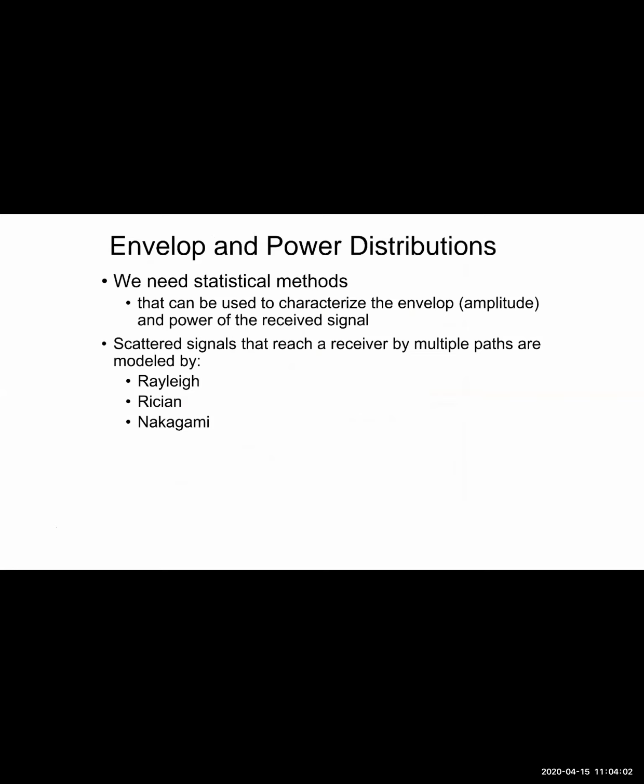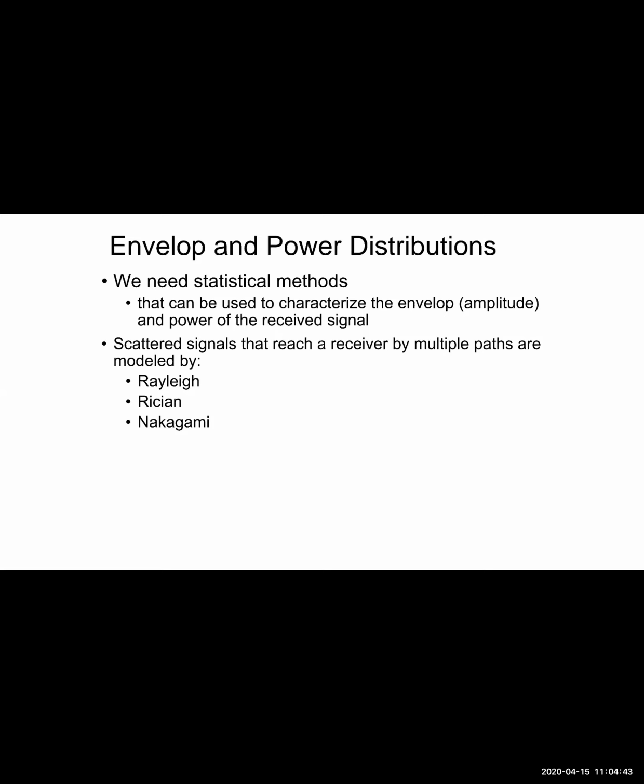When you have multi-path channels contributing to the received signal, the density of the multi-paths determines which of the 3 you use. If you have a line of sight among the multi-paths, then you can use the Ricean distribution. If there's no line of sight, then you can use either Rayleigh or Nakagami. Any questions? Not yet. We can continue.